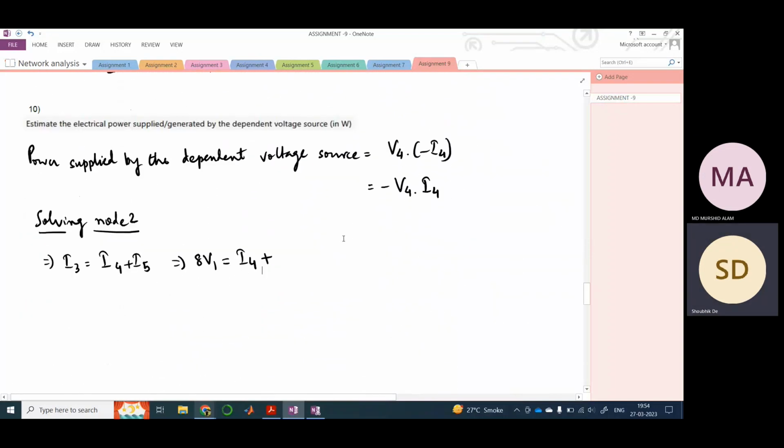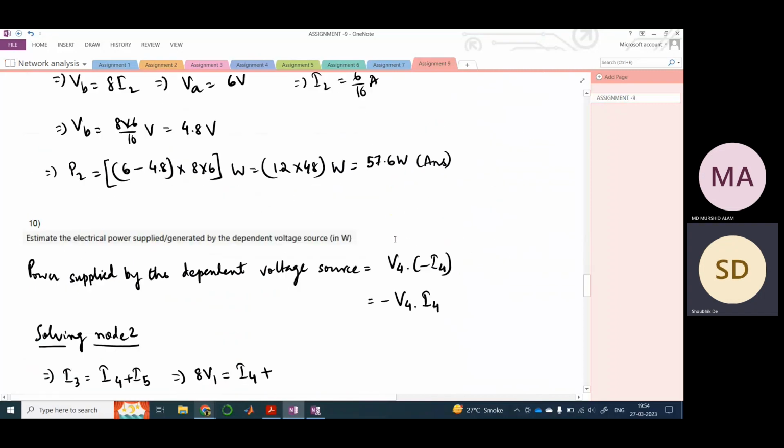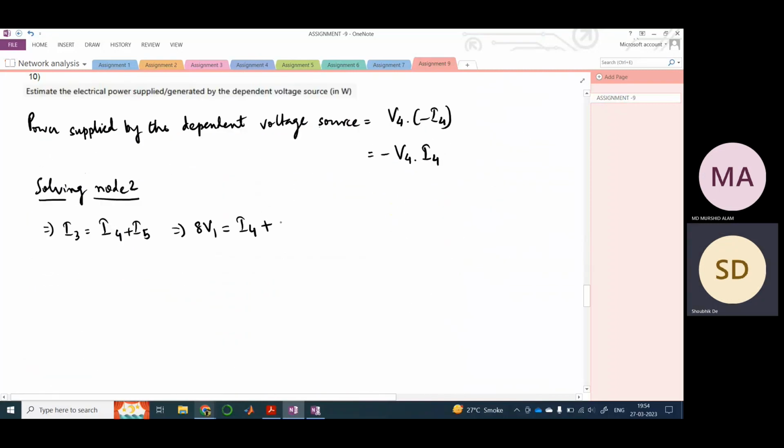V5 is also equal to VB, because the same voltage is applied across this 5 ohm resistor also. So this equals VB by 5.